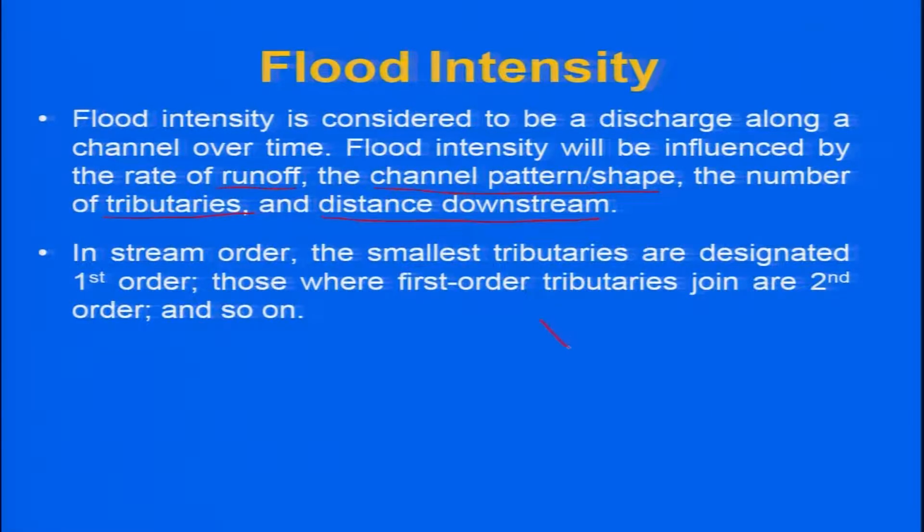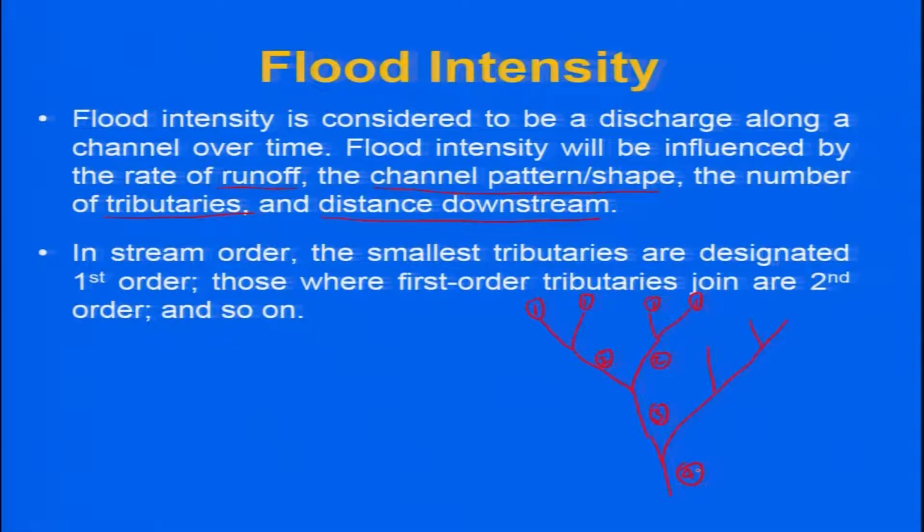So for example, at the origin or the upland areas, this will be the first order stream, and then if you are having another one joining here, then this will become second order, and two second order will become third order. And similarly, if two third order streams join, the main stream, then that will become the fourth order stream, and so on.